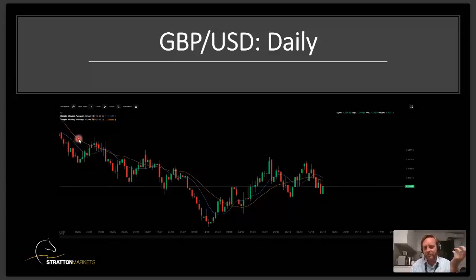Let's call it mustard. The theory is that if the smaller, the 10, crosses below the larger, the 20, this potentially indicates the trend is changing and going into a downtrend. If it crosses above it, then it indicates the trend is changing again, but this time potentially going on an uptrend.